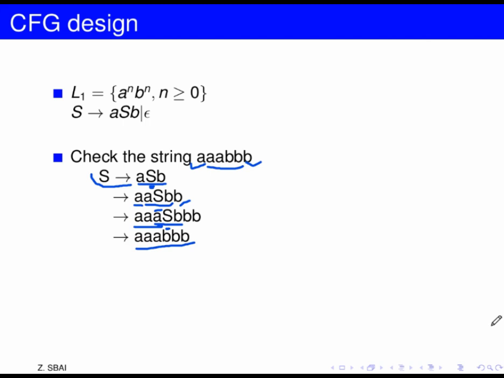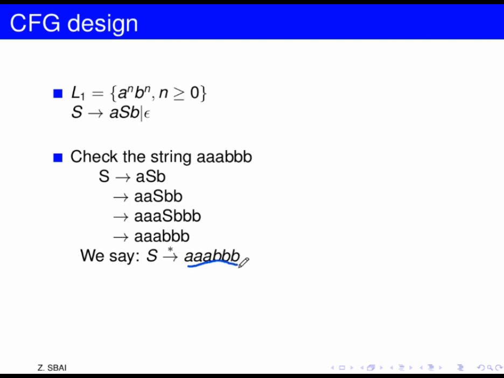We can say also that S arrow star AAA BBB, which means that we have obtained a number of substitutions that lead from S to this string, and this is proof that this string AAA BBB is accepted by this language, since it can be generated by the grammar corresponding to the language L1.